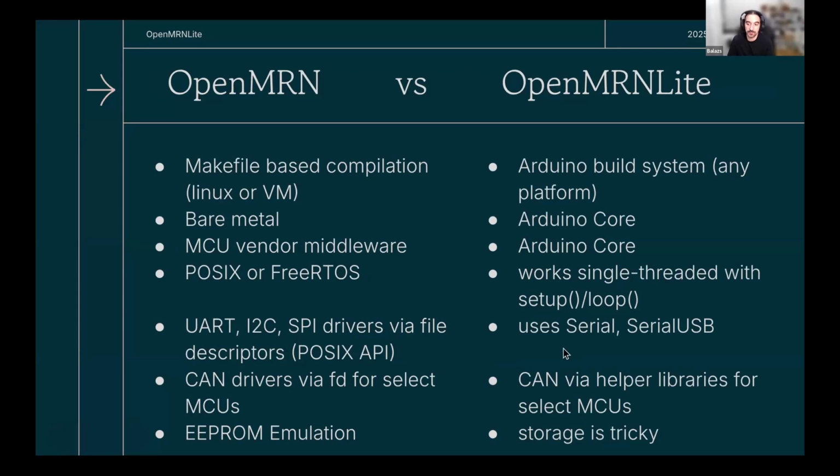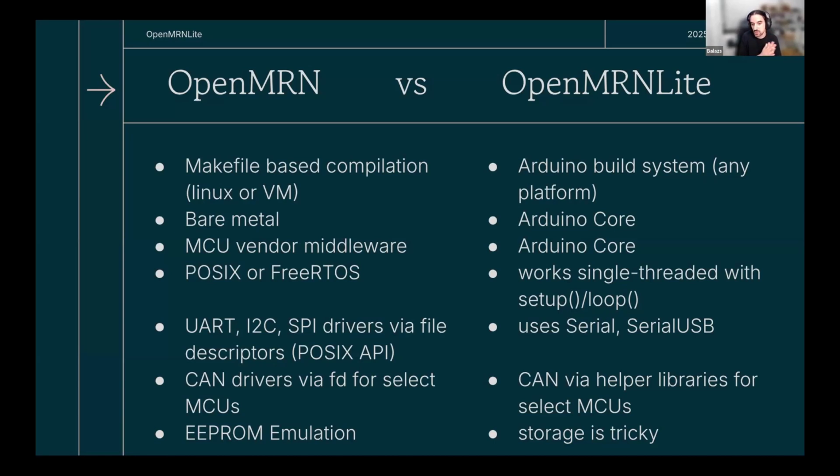On the other hand, in the Arduino ecosystem, all of those libraries are given to you by the Arduino core. The Arduino core comes with a serial library, with a serial USB library, with a wire library, with a SPI library. You don't have to worry about that. But that also means that you are bound to whatever library implementation the Arduino core brings to you.